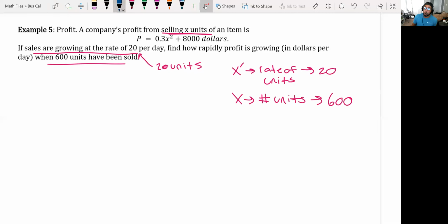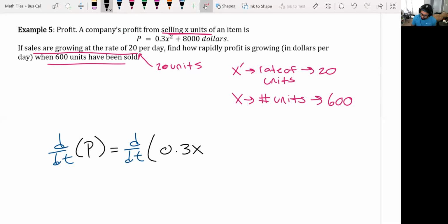So once again, all we have to do is take the implicit derivative of this function with respect to time, and you'll get d over dt of P equal to d over dt of 0.3x squared plus 8,000. And now the implicit derivative of P with respect to time is going to be P prime.